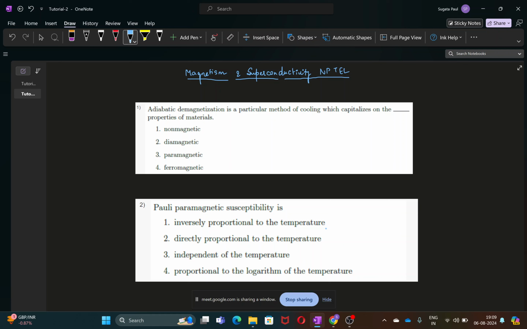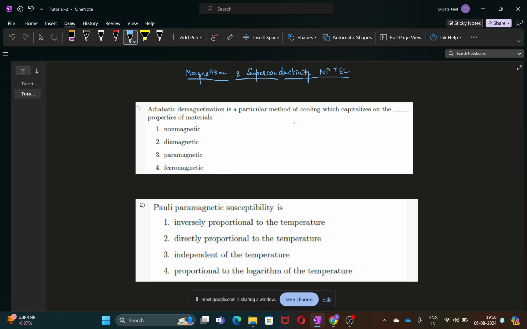It says that adiabatic demagnetization is a particular method of cooling which capitalizes on what properties of material. So we have to fill in the blank. Adiabatic demagnetization is a very famous method of cooling down to really low temperature.